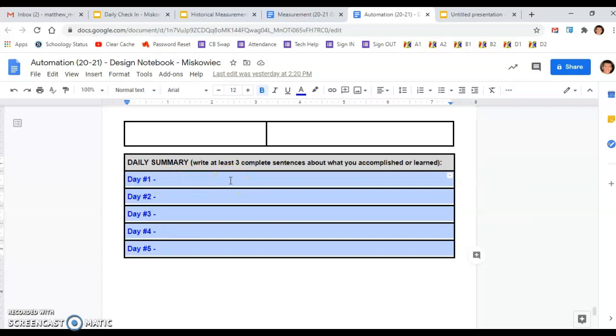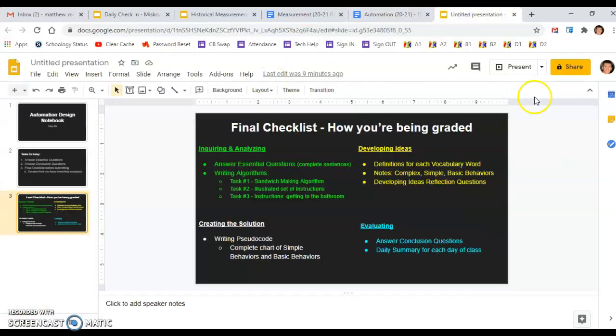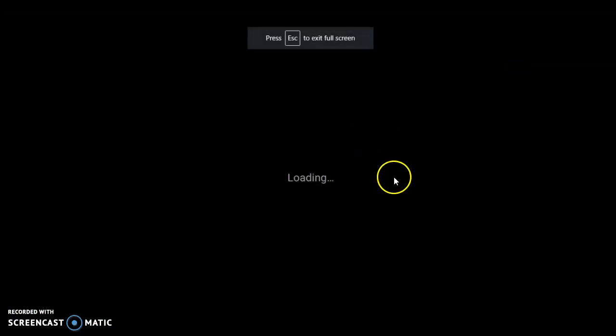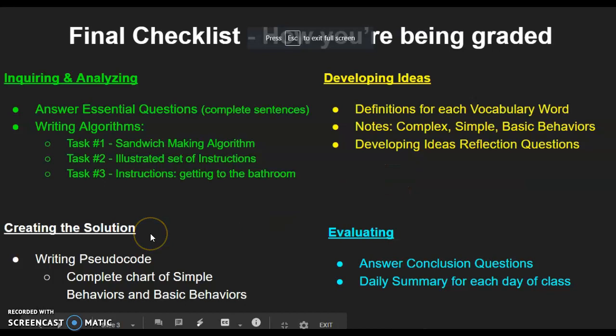Each day you should be writing what you accomplished, what you learned, using complete sentences, being very detailed, and having that filled out. So again, going back to this here, this is your final checklist, and make sure you have all of this done before you submit it. Of course, you can ask your teacher if you want us to check over it before you submit it.